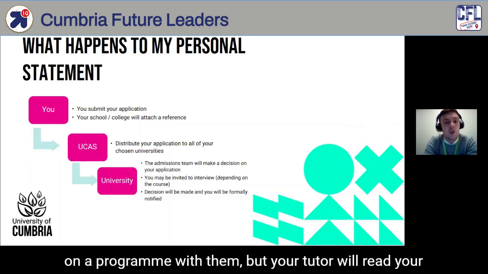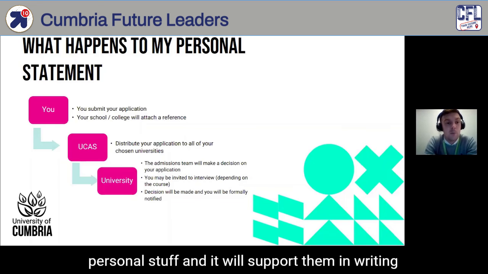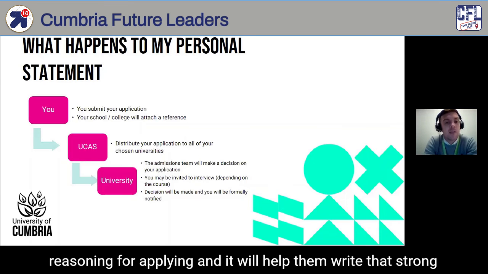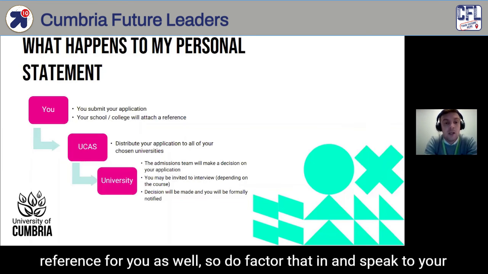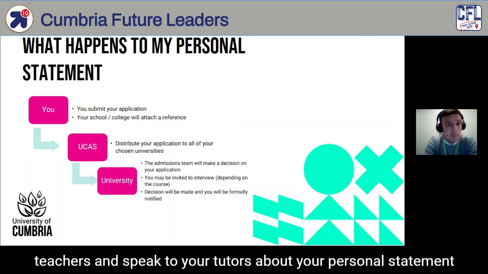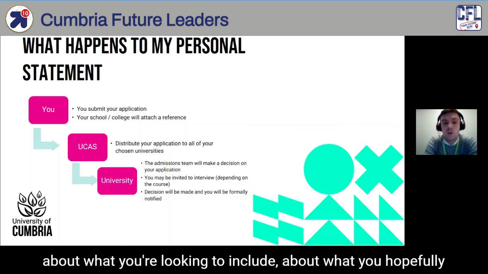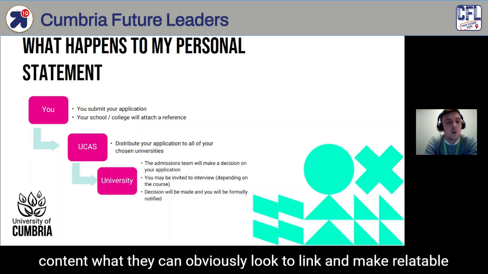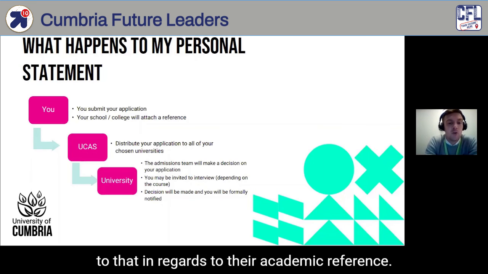But your tutor will read your personal statement and it will support them in writing that reference. It will help them understand what you're applying to and your reasoning for applying, and help them write a strong reference for you. So do factor that in and speak to your teachers and tutors about your personal statement, about what you're looking to include and what you're hoping to apply for, so that they know what they can link and make relatable to that in their academic reference.